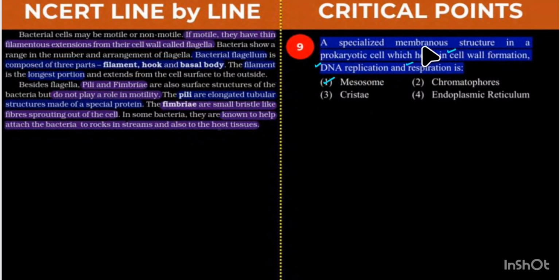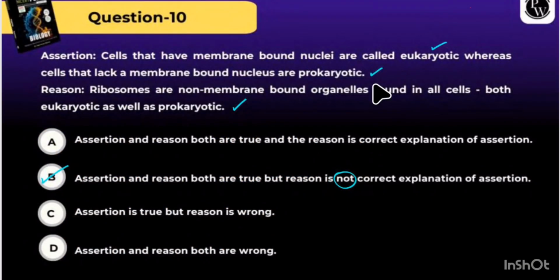The question is asked: a specialized membranous structure in the prokaryotic cell which helps in cell wall formation, DNA replication, and respiration is the mesosomes. Another question: cells that have membrane-bound nuclei are called eukaryotes, whereas those that lack membrane-bound nuclei are prokaryotes, because ribosomes are a non-membrane-bound organelle found in both eukaryotic and prokaryotic cells. Both assertion and reason are true, but the reason is not a correct explanation.